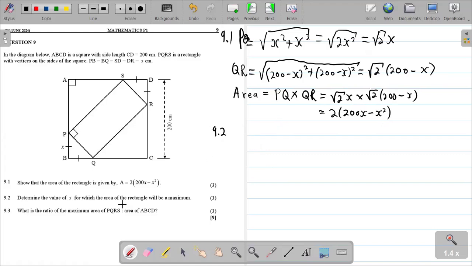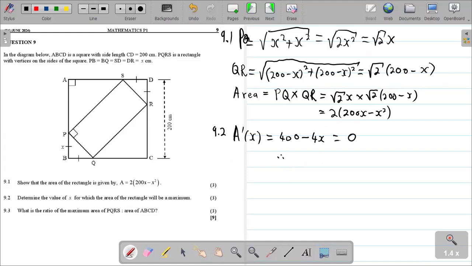Determine the value of x for which the area of the rectangle will be a maximum. So we have to find the derivative. So A prime of x here will be equal to 400 minus 4x, and it will be equal to 0.